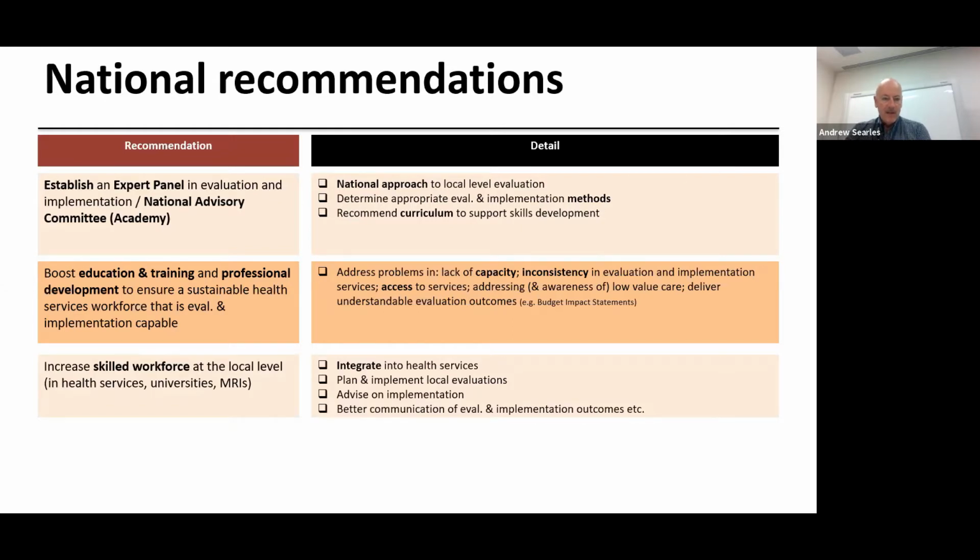The third recommendation is making sure that we have the skilled services or the skilled workforce available where it's needed. Now, this might not necessarily be sitting within a health service. It might be an affiliated organisation such as universities or medical research institutes. But the core objective of this particular recommendation is to make sure that that skilled workforce is available to health services.